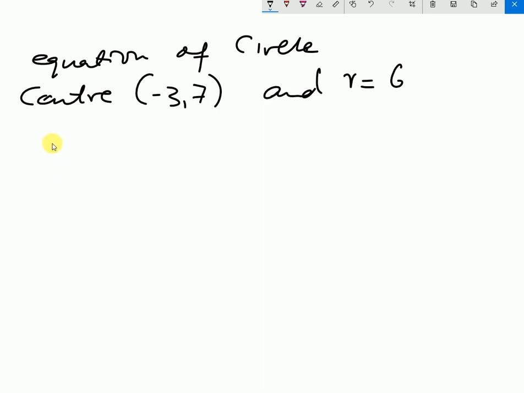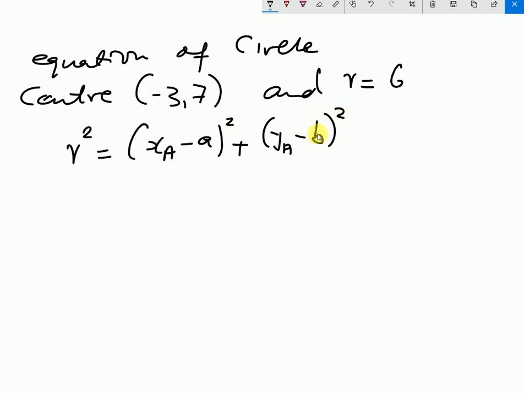Do you remember the formula well? Yes. What says the formula? r squared is equal to the x at A minus a, squared, plus the y at A minus b. What is the a? The a is the x at the center, right? And b is the y at the center. How much is r? r is 6.